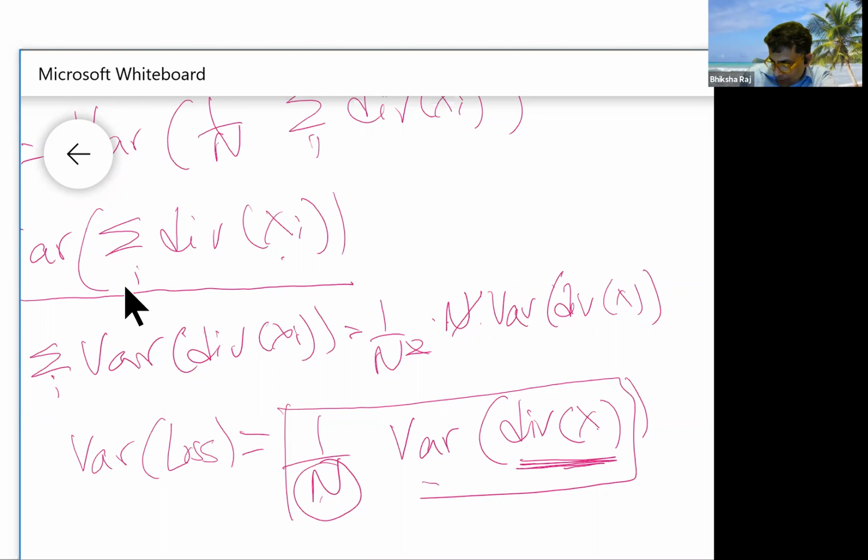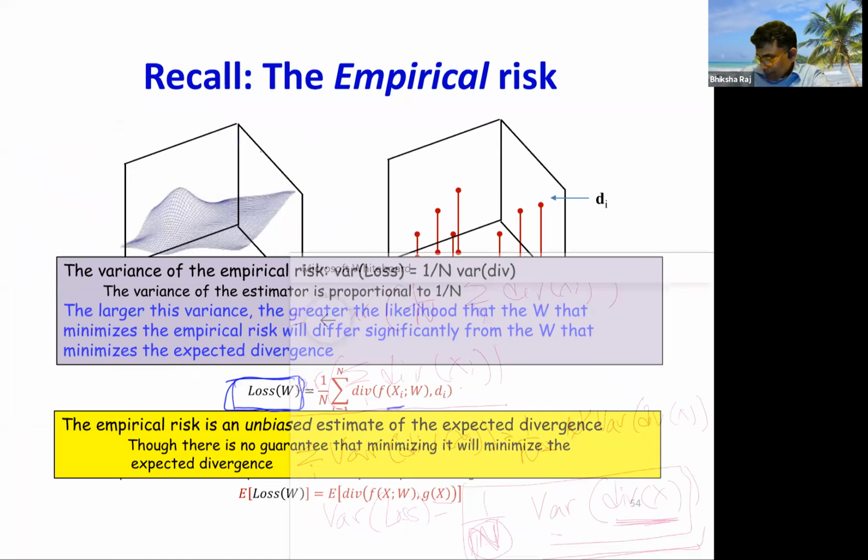Now this term here tells you how much the loss will change if you keep changing your training instances. Each time if you have a different training data, you're going to get a different loss function. And so if you look at the loss functions over all of these different experiments with different training data, the variance in the loss function across all of those experiments is going to be this guy, and it's going to be inversely proportional to the size of the training data.